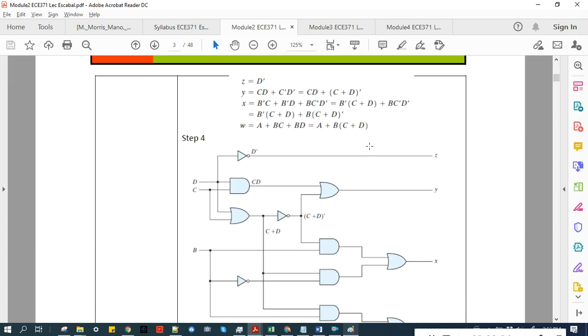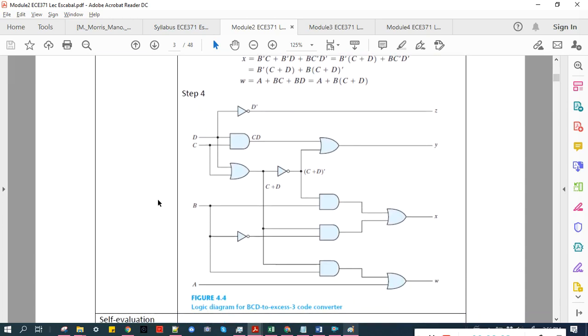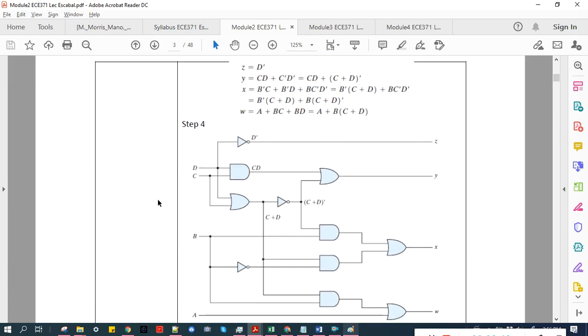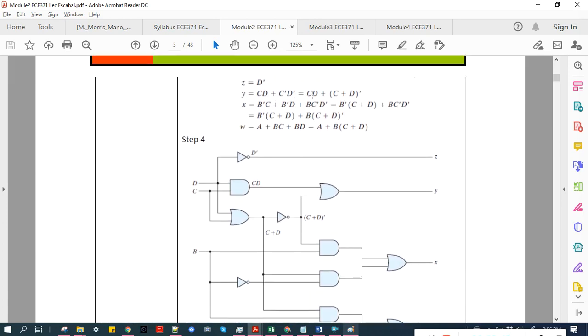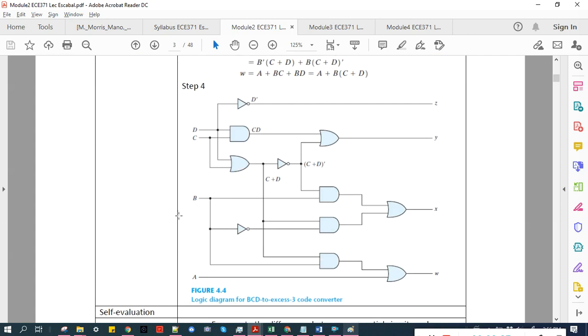You can do it this way, just like what is shown here, or you can use inverters and an AND gate. So it's up to you.